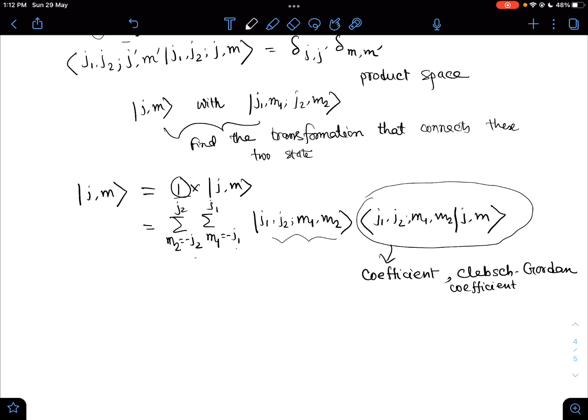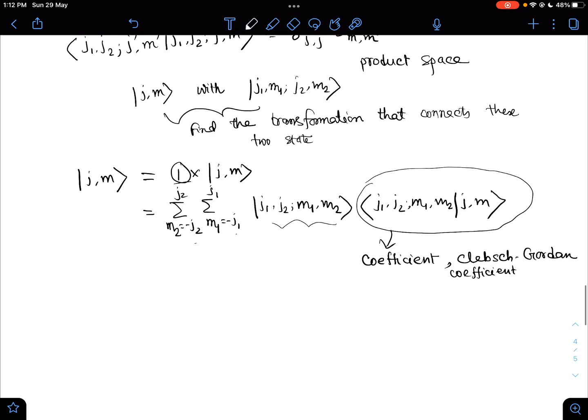For now, consider this coefficient to be alpha, and it depends on the M1, M2 values. So we have the summation over M2 and the summation over M1 of alpha times |J1, J2, M1, M2>.